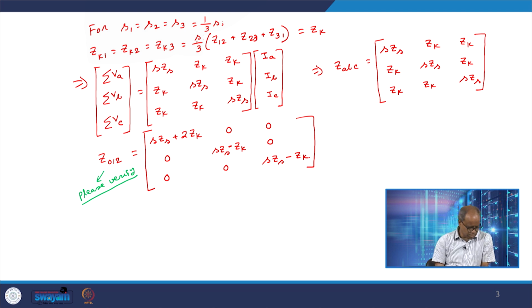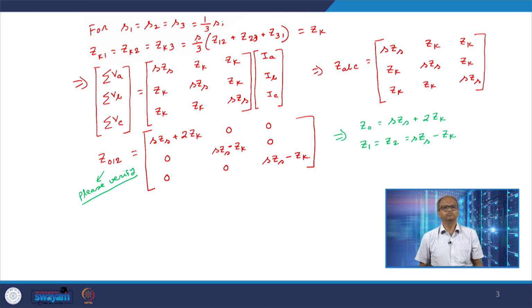So now let us see what Z0 is. From here I can say that Z0 is equal to Zs plus 2Zk, and Z1 is equal to Z2 is equal to Zs minus Zk.